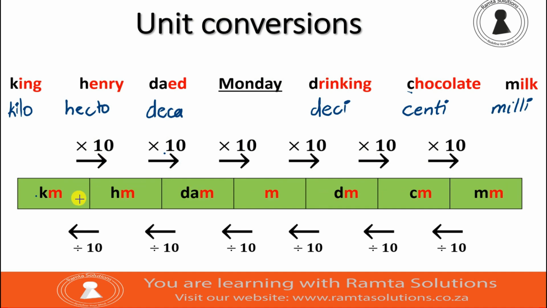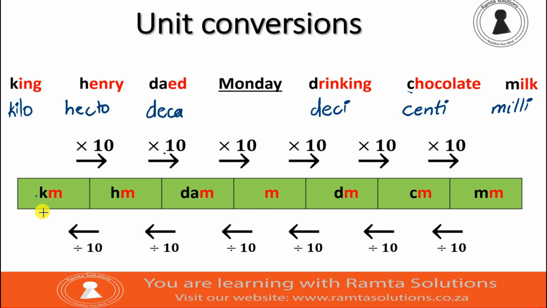So if you were to convert from kilometer to millimeter, you will multiply by a million, 1 and 6 zeros. And if you were to move from millimeter to kilometer, you will divide by a million. In the same way, if you were to move from meter to kilometer, you will divide by 1,000.